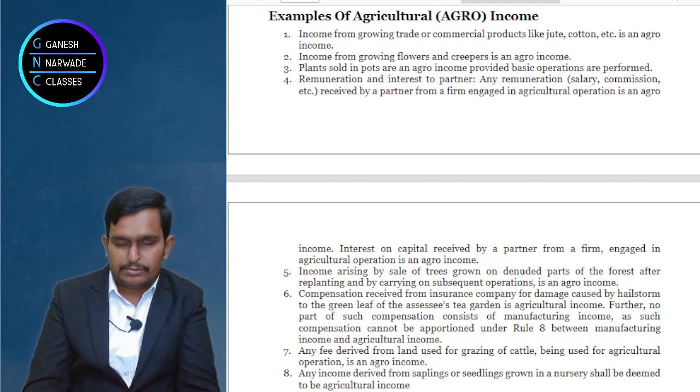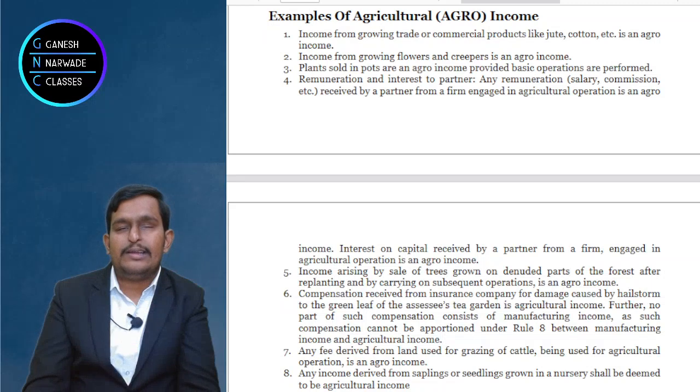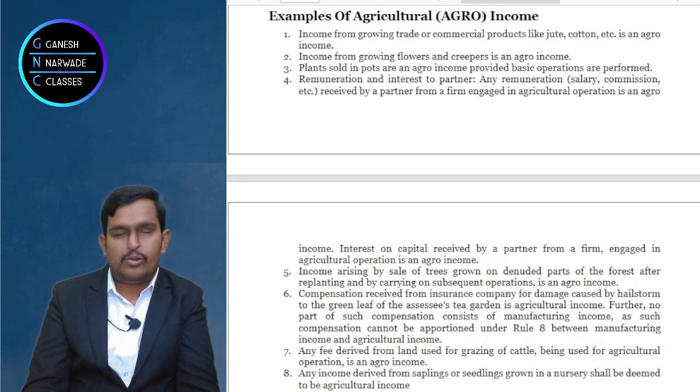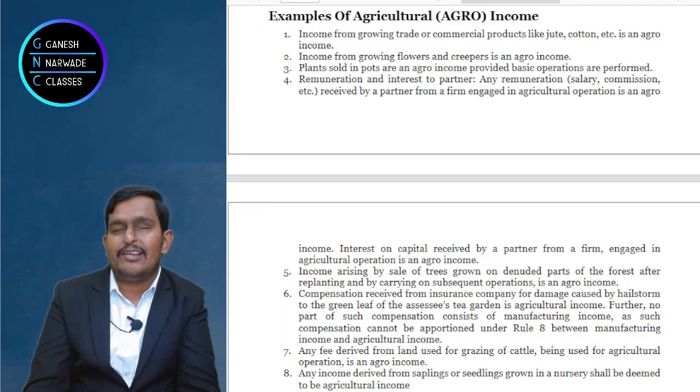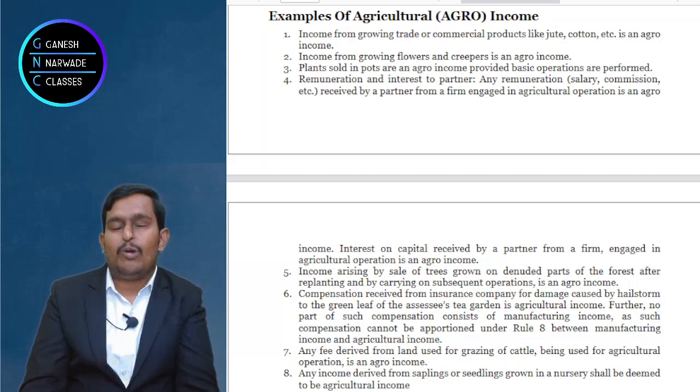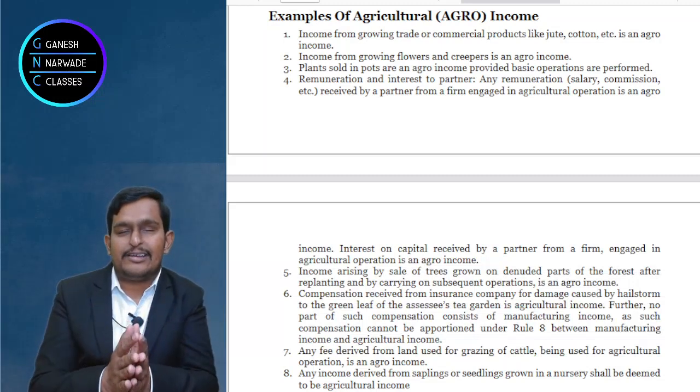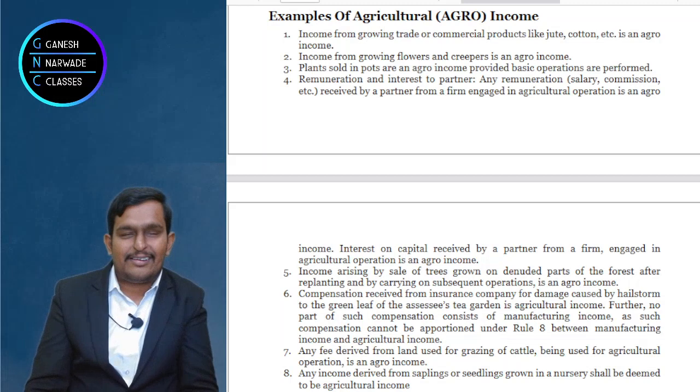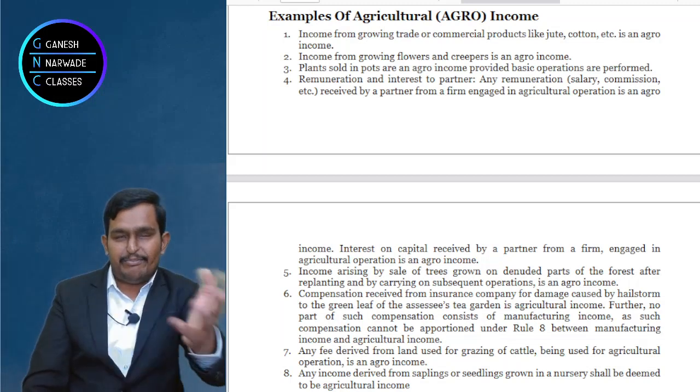Now we have to understand that there is something called, oh, I am forgetting actually. Whatever fees you are going to get for grazing of cattle on an agricultural farm.